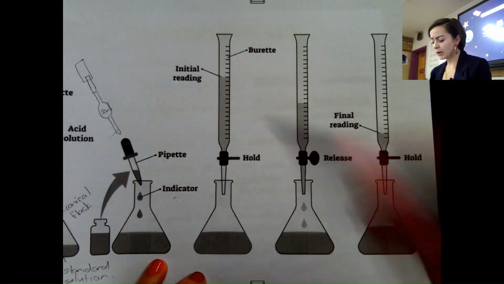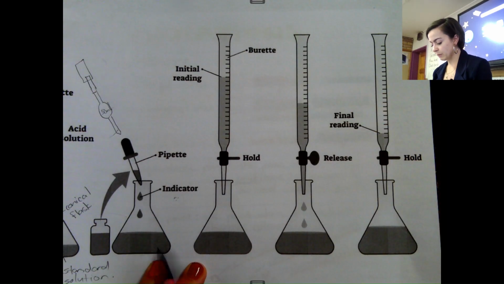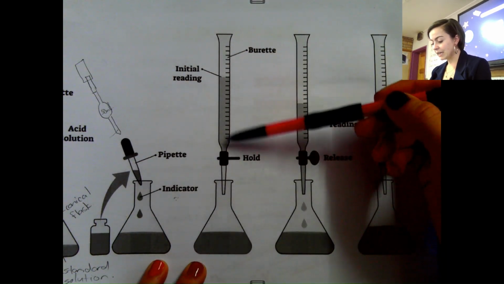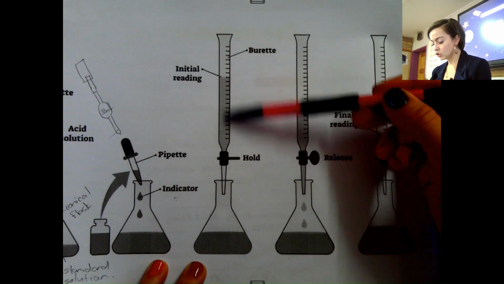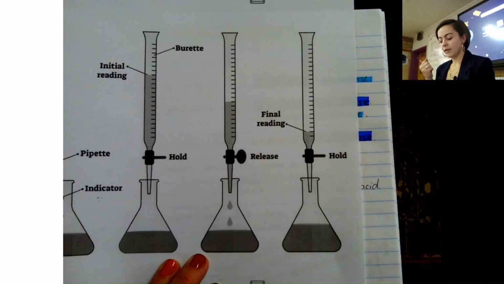Okay, so now what I do is, because I've placed my indicator in here, it's going to be a certain color. Now I'm going to start adding, in our case, the base slowly. So it's going to start dripping in there until at one point it changes to the end point color.